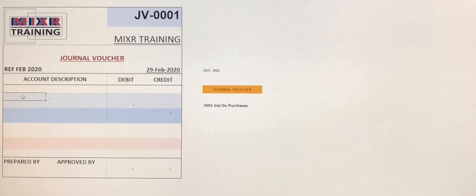So the debit is, what do you think it is for our telephone? We're going to apply what we have learned in college. If it is already used but it is not yet paid, it is accruals.